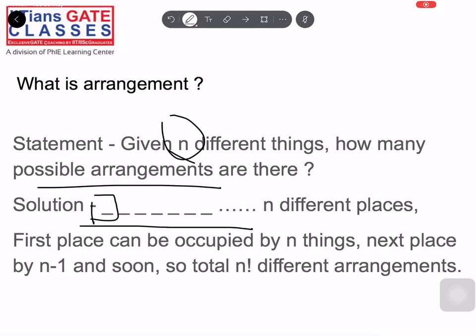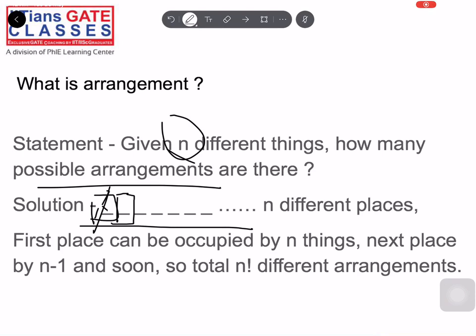If I talk about the first blank, till now I have not placed anything. So for the first blank, I have all the n choices available, all the n things. Out of those n things, anyone can come in the first blank. Let me put somebody over here. Next, for the next consecutive blank, I will have n minus 1 choices, because somebody is already placed in the first blank. Whosoever it is, the remaining n minus 1 things can be placed in the second blank.